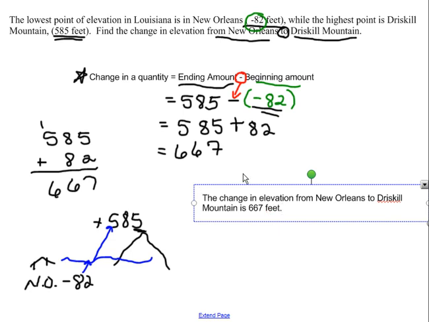That's the change in elevation. You want to be sure whenever you do these kinds of problems, be sure that you give your final answer as a sentence.